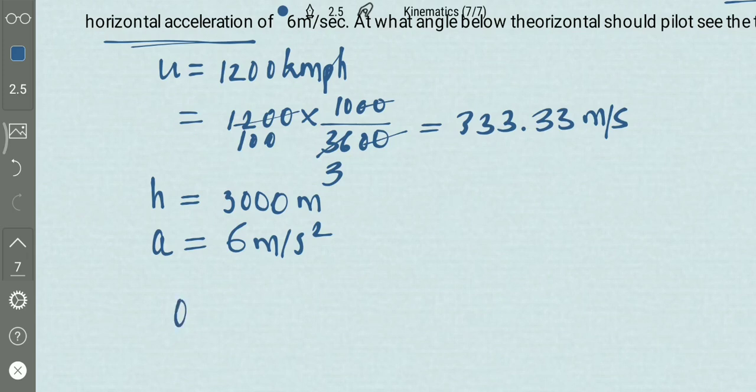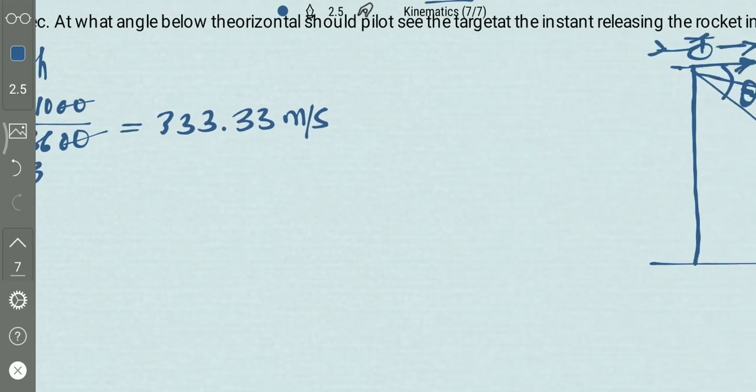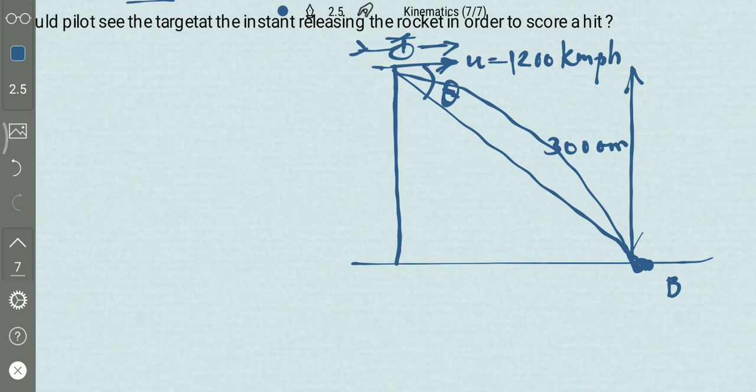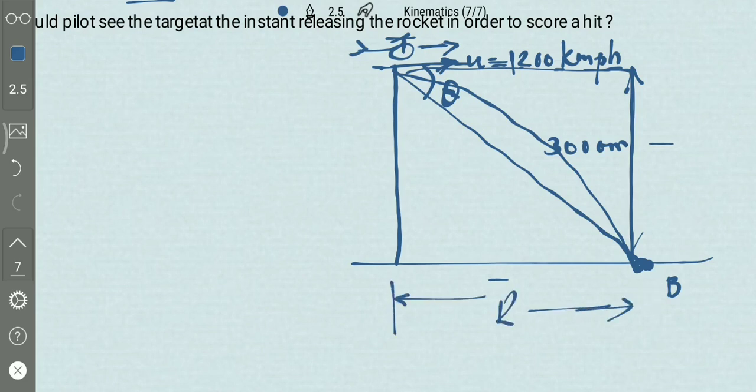So what do we need to find? Angle theta. This is theta and this is the triangle. So theta can be given by tan inverse of opposite by adjacent. The horizontal is the range, the vertical is the height.